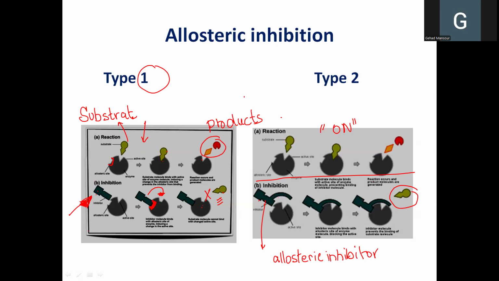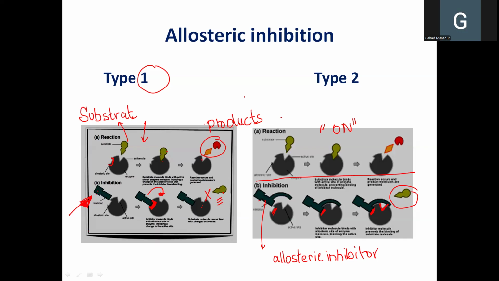But the mechanism is different here. The allosteric inhibitor bonded itself again to the allosteric site. It never, by the way, binds to the active site. And this time it did not actually change the shape of the active site, but it covered the active site with part of its molecule, and it also resulted in the prevention of the substrate from binding with the active site.